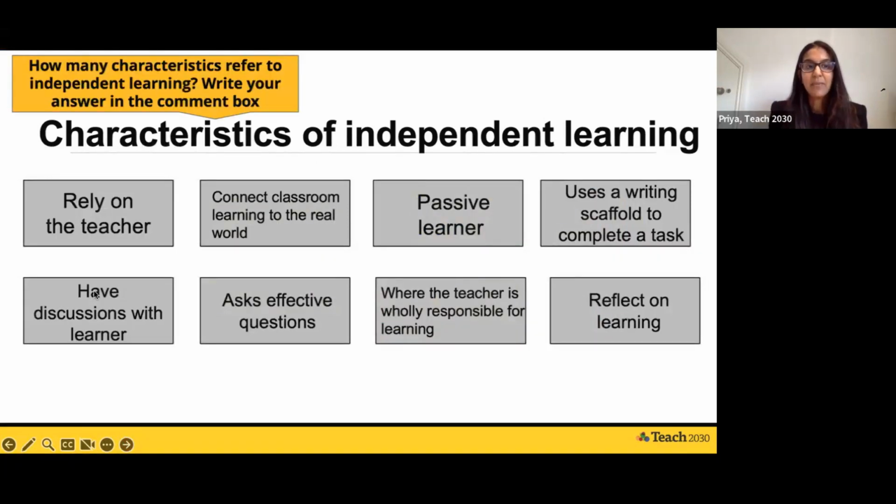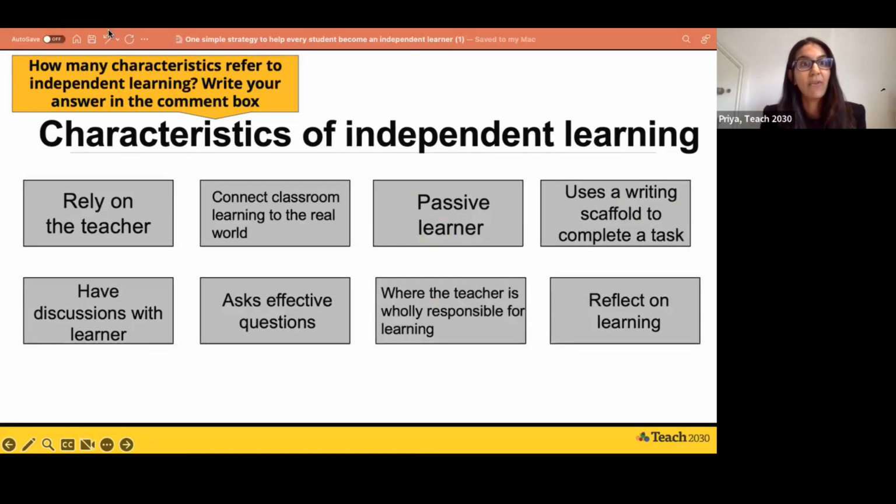Here are some statements. Some of these are to do with independent learning and characteristics of independent learning. I'd like you to read through those statements in front of you and identify which ones are referring to independent learning, and write down in the comment box how many of them you think refer to independent learning.